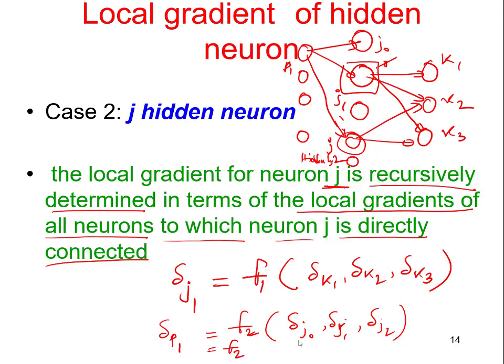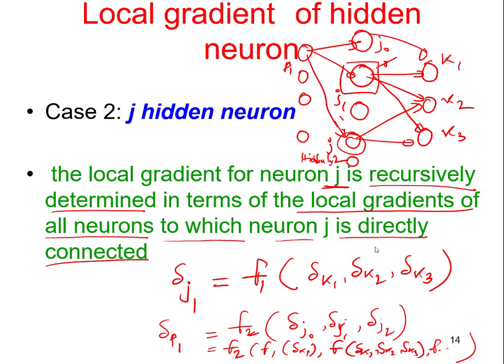J0 will have some function F1 of delta K. Suppose J0 is only connected with delta K1, and another function applies to delta J1. We have already computed delta K1, delta K2, delta K3, and moving forward the functions are similar. So a recursive function will help to calculate delta P1, the local error for the local gradients.